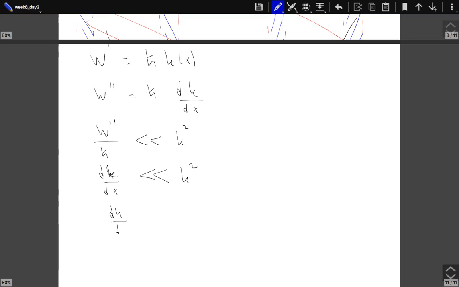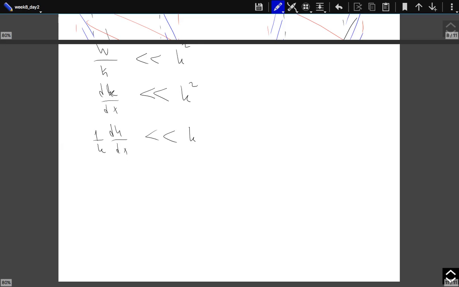So dk by dx times 1 over k should be much, much less than k. Now, if this was just an ordinary wave, k is nothing but 1 over lambda. So dk by dx of 1 over k is lambda times d lambda over dx times 1 over lambda squared, with a minus sign.